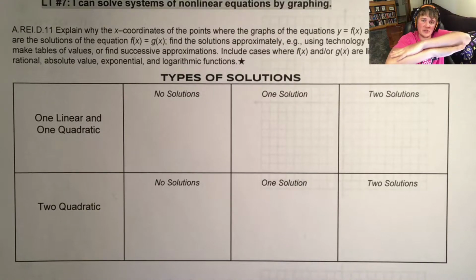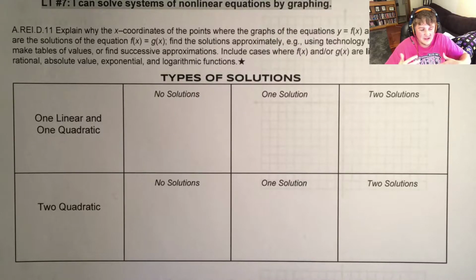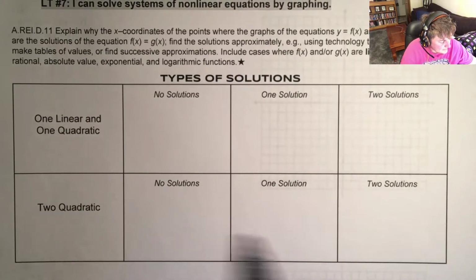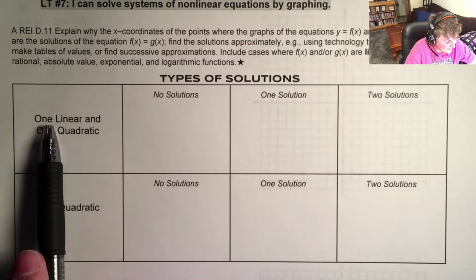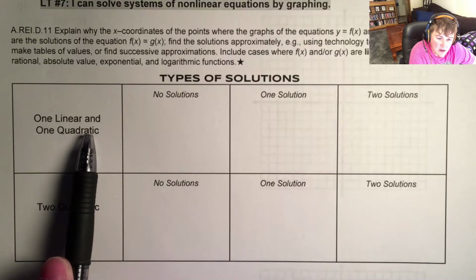That's when the lines would overlap each other perfectly. So today, we're going to have similar situations, though there's going to be one extra. You can still have all of those same options, but we're going to take a look and see how it might be a little different.